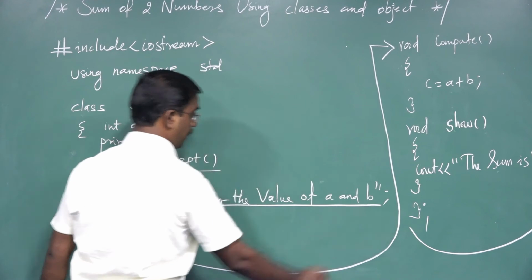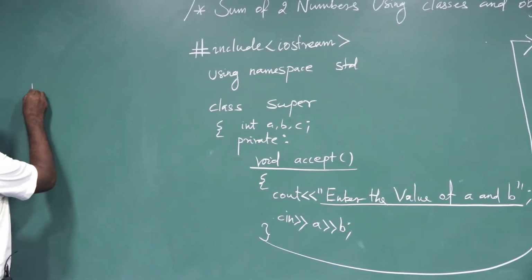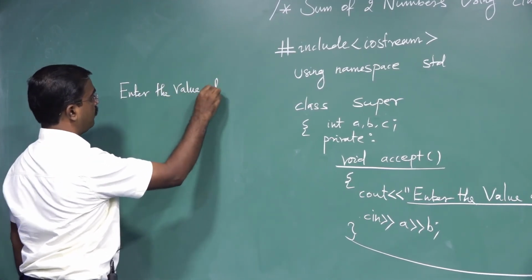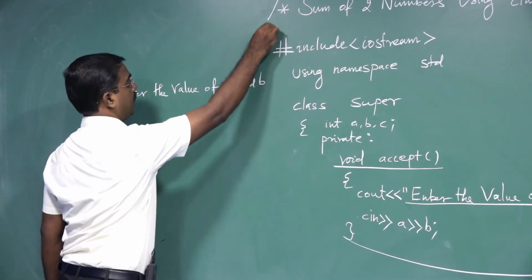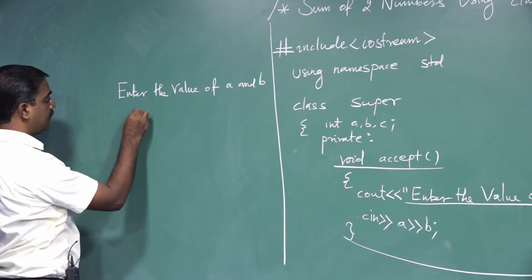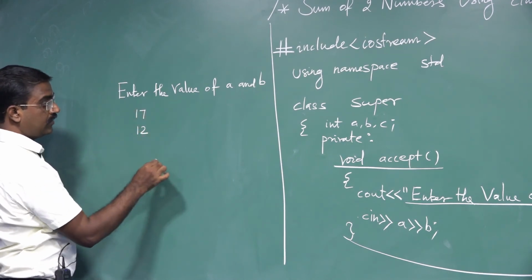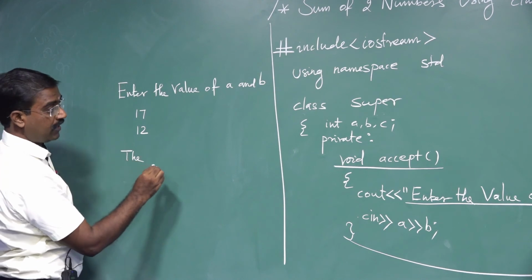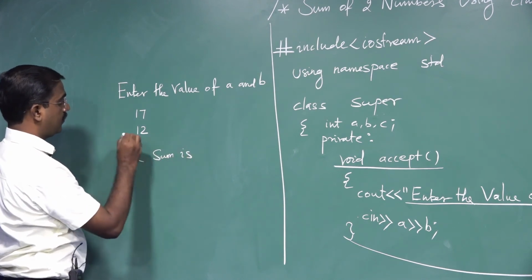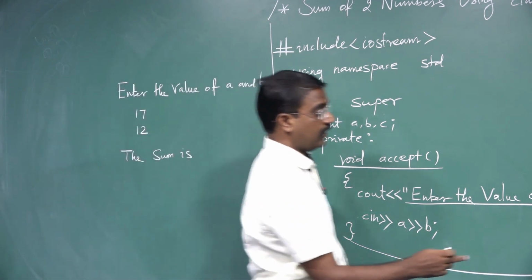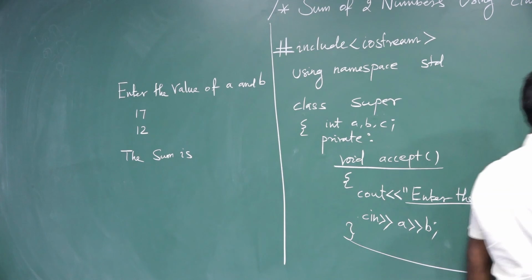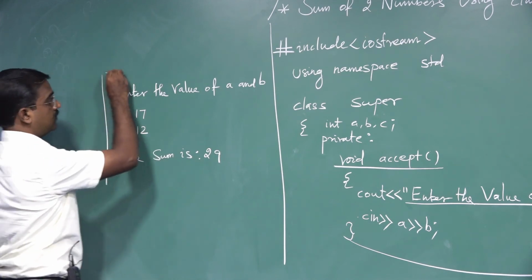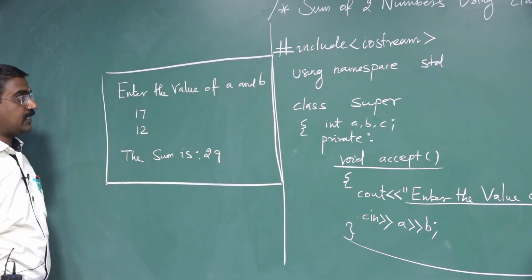Here, enter the value of A and B. The numbers are 17 and then 12, so 17 is A, 12 is B. Now the result: the sum is 29. This is checking for input and output.